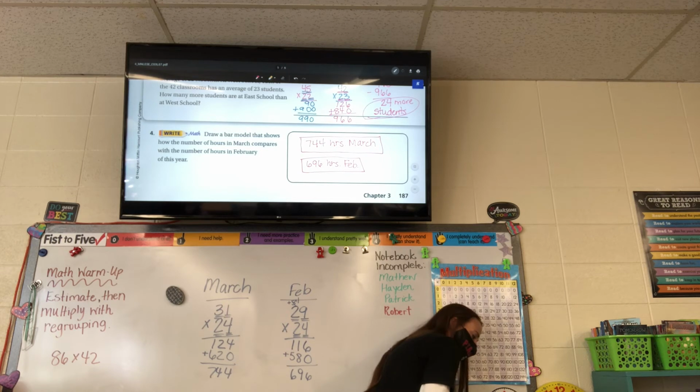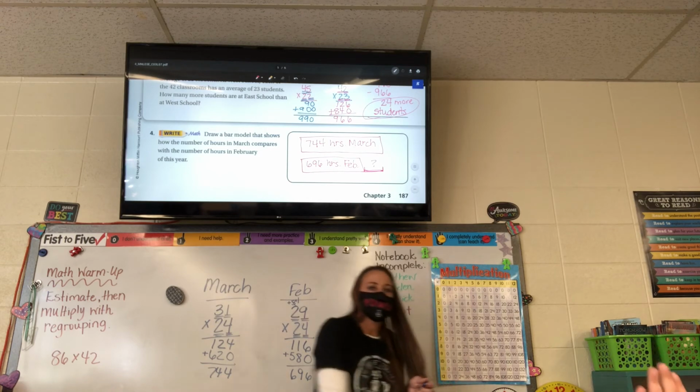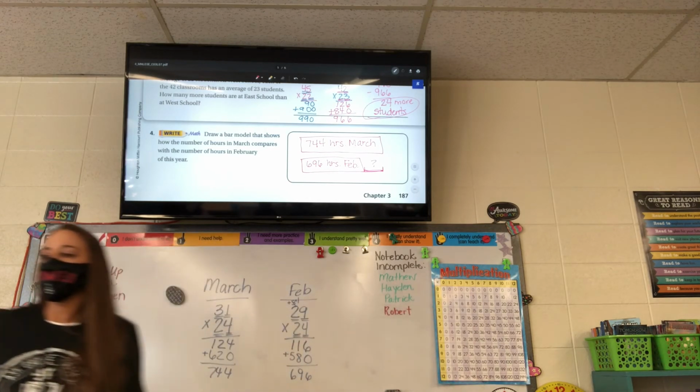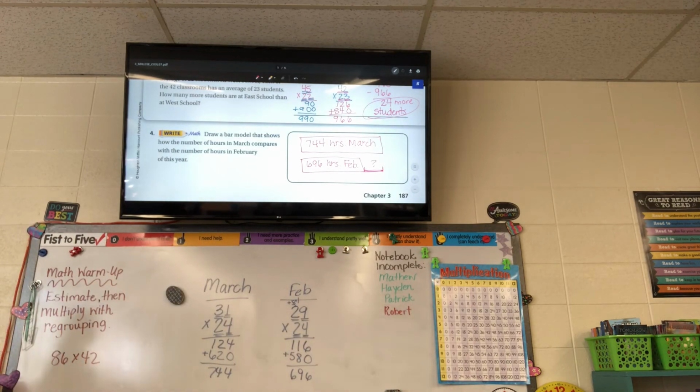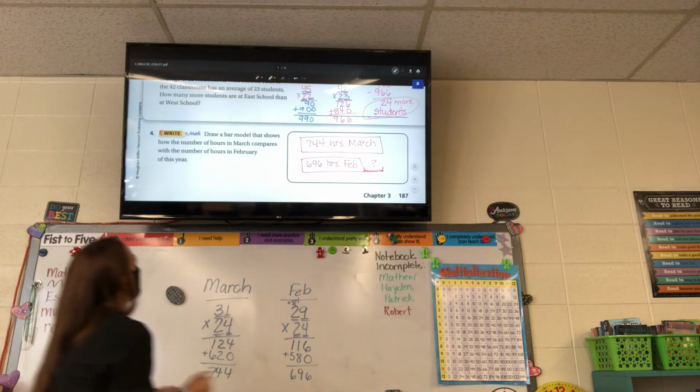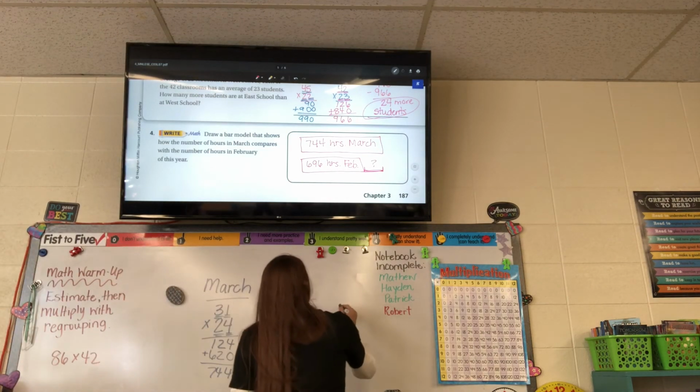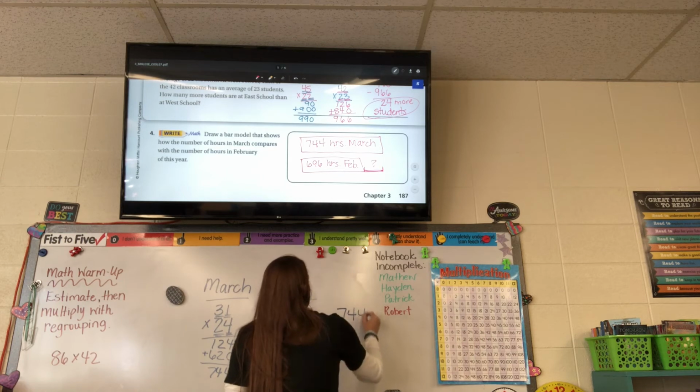Now, how do we find this gap here? What do we have to do? We're finding the difference. So that means we subtract 744 minus 696.